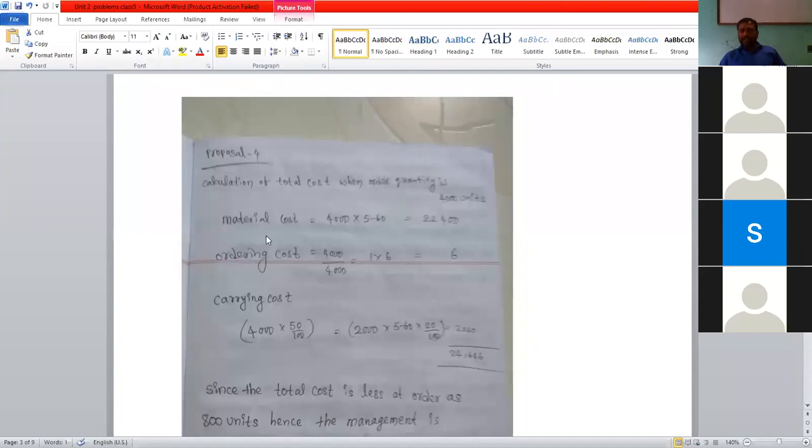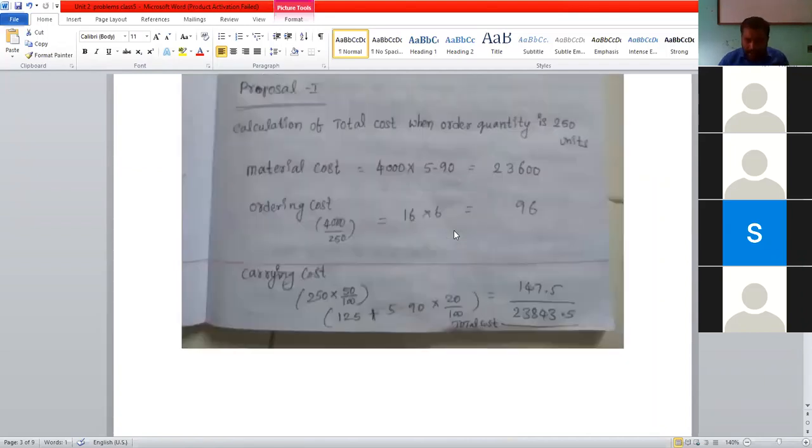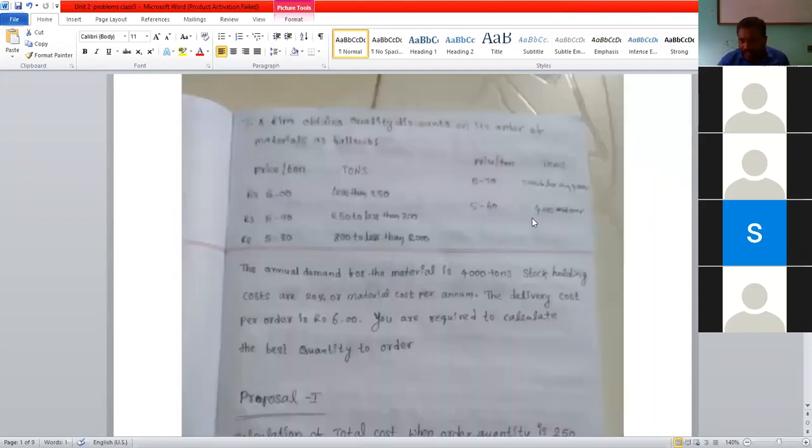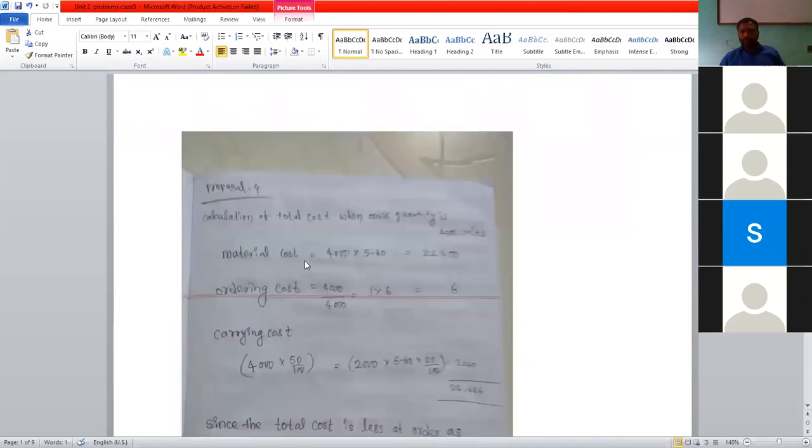Again the same, the material cost for 4,000 units, you can see here in the textbook. For 4,000, the price is 5 rupees 60 paise. So here the material cost is 4,000 units at the rate of 5 rupees 60 paise. You are getting here 22,400.